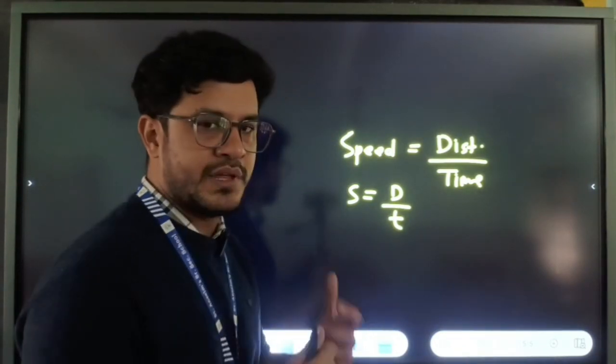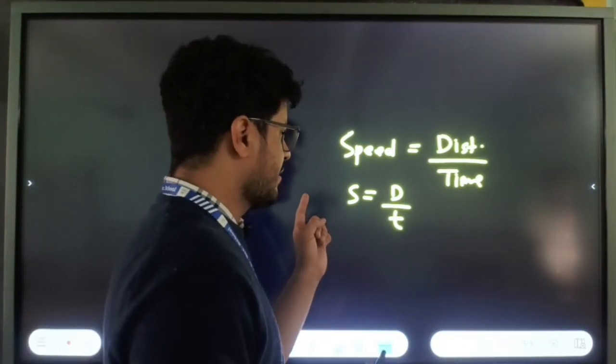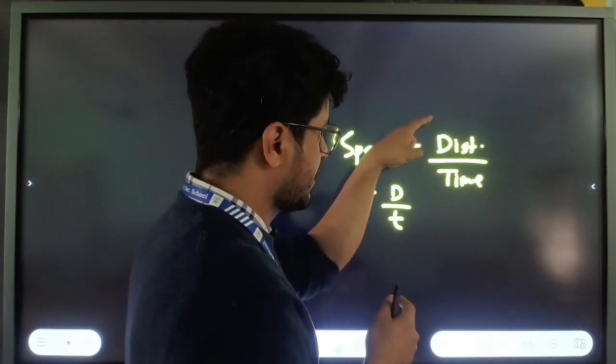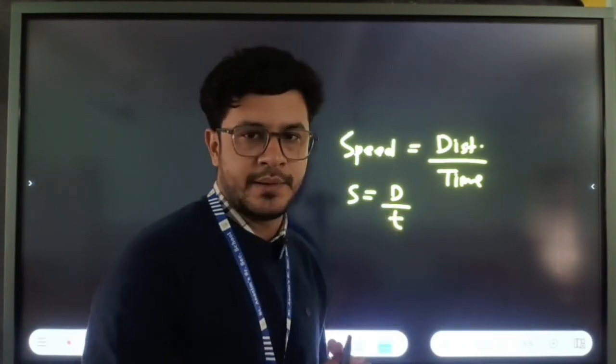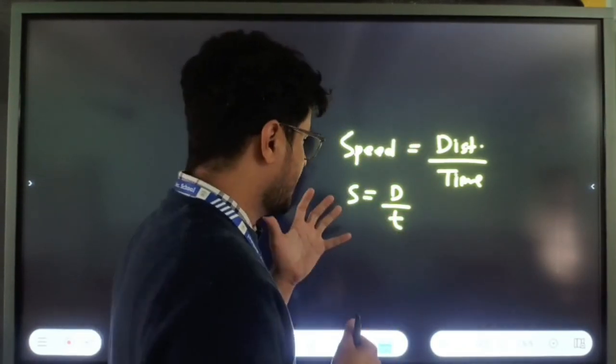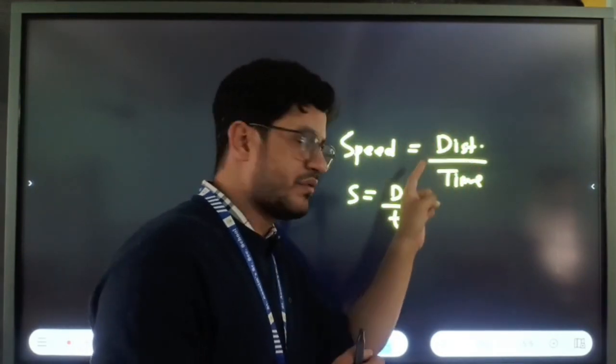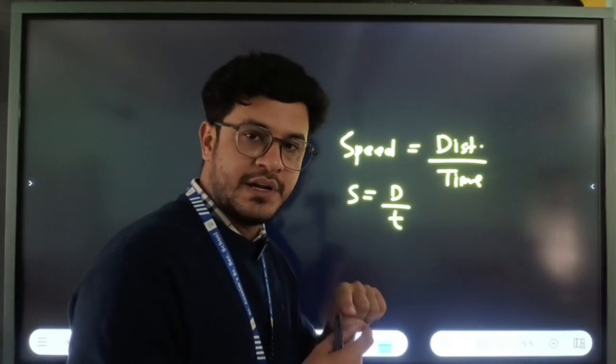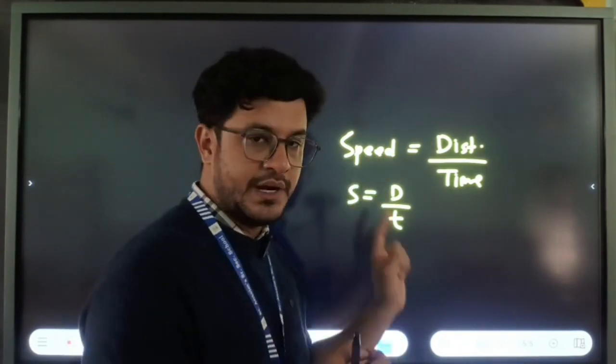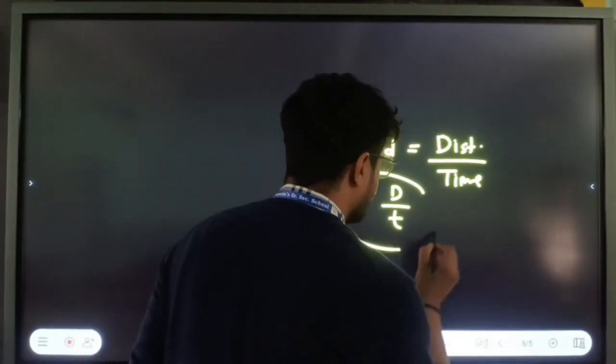So here we are observing that speed depends on total distance traveled and time taken. What is the meaning of speed? Derivative of distance with respect to time gives speed.